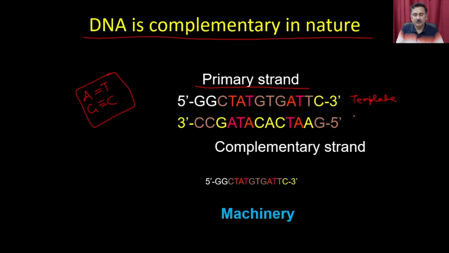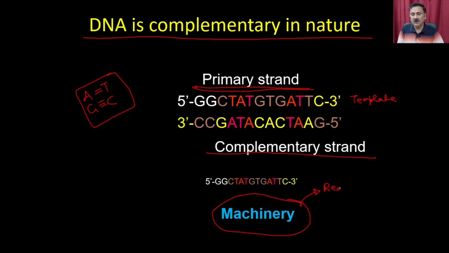So what we are supposed to do is you are going to have the primary strand available, and then you have to generate the complementary strand. This means you are looking for a machinery which is able to perform this particular task. So what this machinery is going to do is read the template strand, and then bring the nucleotides to synthesize the complementary strand.